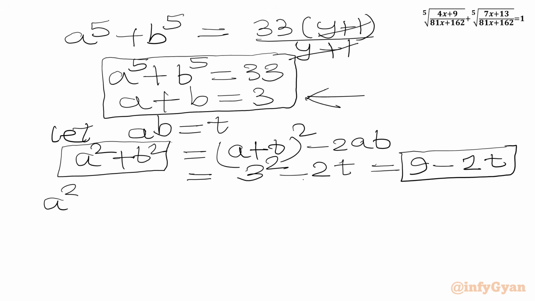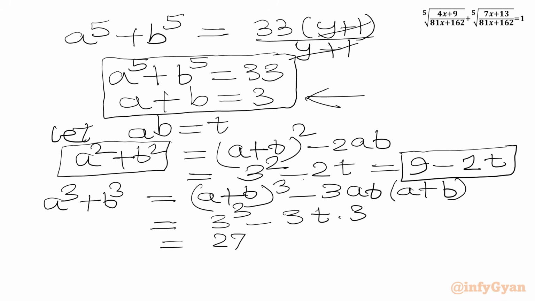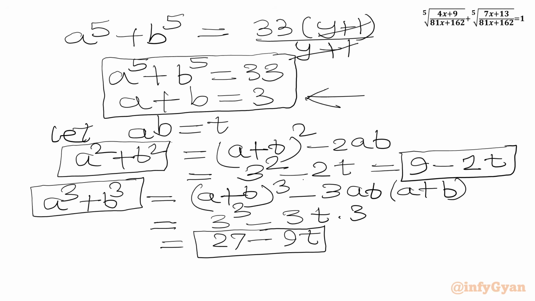Now we will find a cube plus b cube. Using algebraic formula, we'll write a plus b whole cube minus 3ab times a plus b. Now a plus b is 3, so we'll write here 3 cube minus 3 times t times a plus b is again 3, which will be equal to 27 minus 9t. So a cube plus b cube is 27 minus 9t.